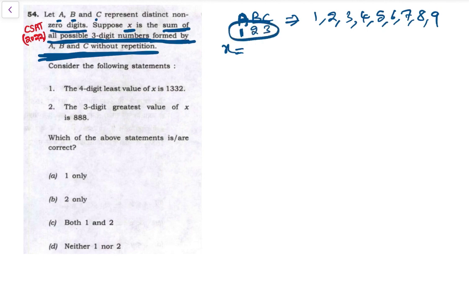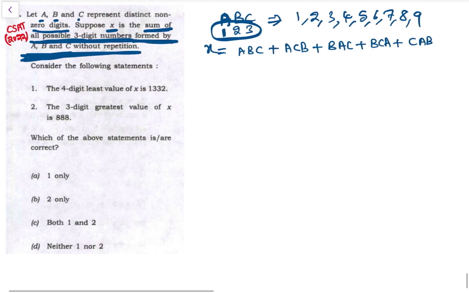So x is equal to the sum of all possible 3 digit numbers formed by A, B, C. ठीक है, all the possible. So that would be ABC plus ACB plus BAC plus BCA plus CAB plus CBA. ठीक है, यही है x.